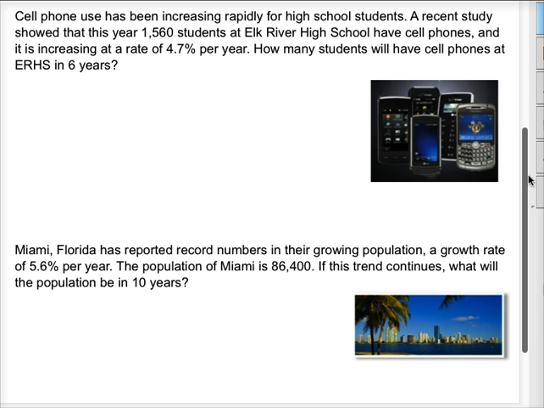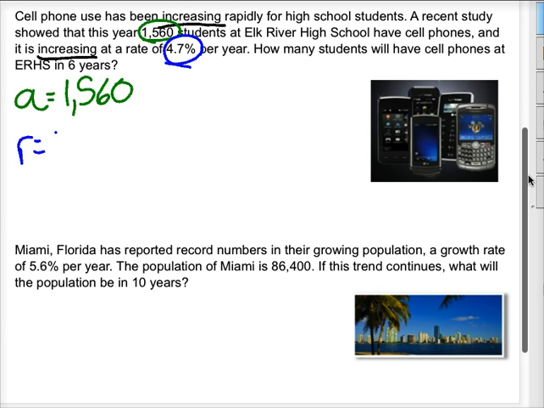All right, so I see the word increasing. Increasing again. So this is going to be an exponential growth situation. So once I've identified that it is a growth situation, I'm going to start identifying my pieces. So my initial value is 1,560. My beginning rate, 4.7%. But again, that's not useful to us in the equation.